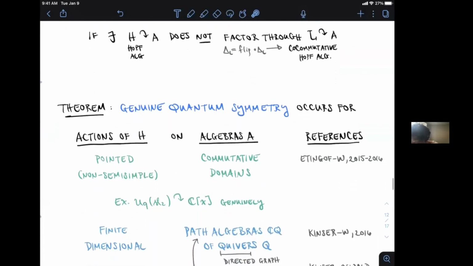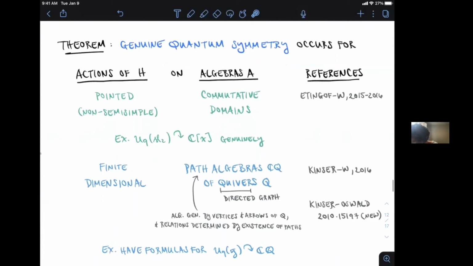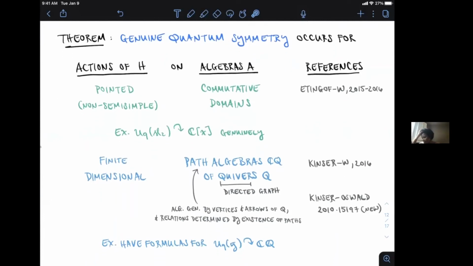Another example that's in a totally different track: I can take something that's wildly different from a commutative domain, something that's non-commutative, definitely not a domain. The path algebra of a quiver. Now, what's a quiver? A quiver is just a directed graph. Just a bunch of dots and arrows between them. And a path algebra is an algebra generated by the vertices and arrows of the graph, and the multiplication is determined by whether you can compose paths or not.